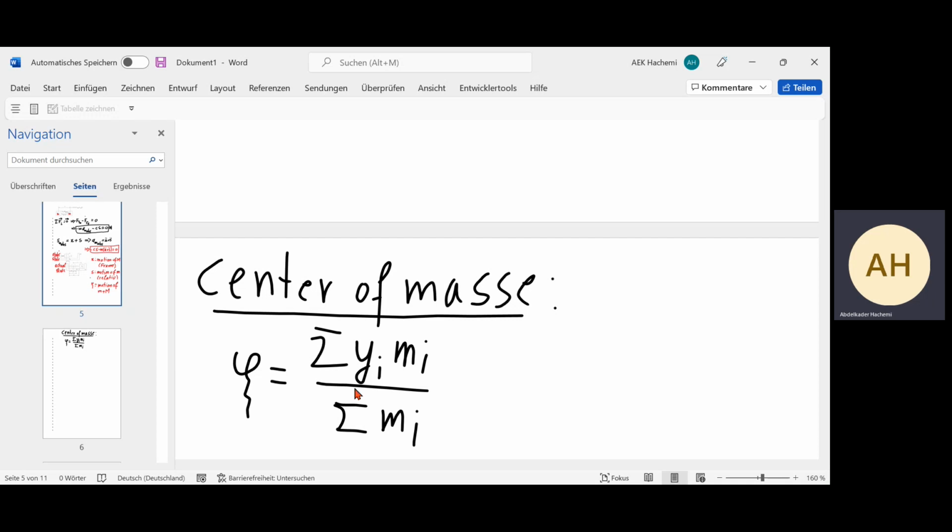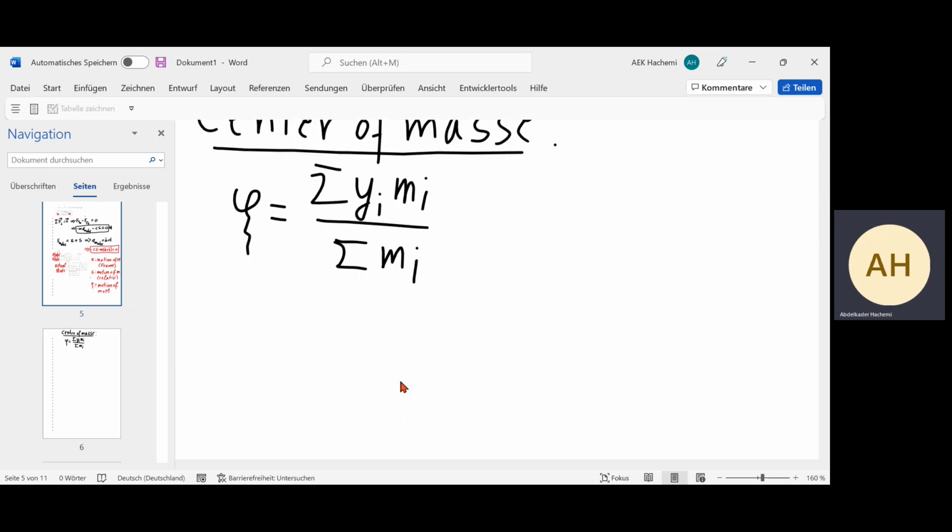It's well known, this one. You should have seen it in statics and mechanics 1.